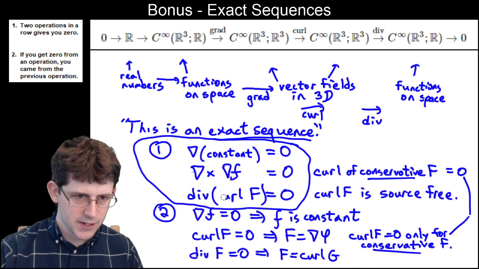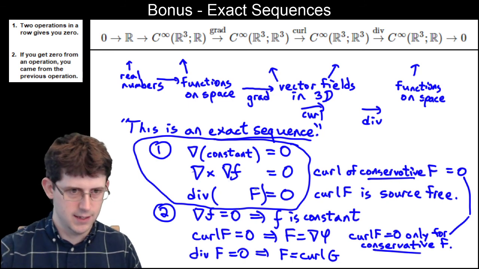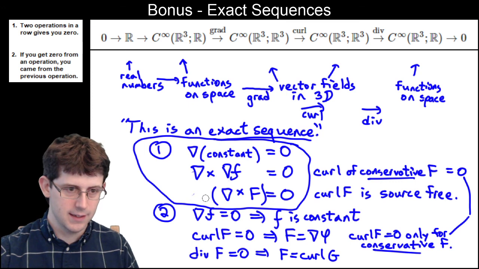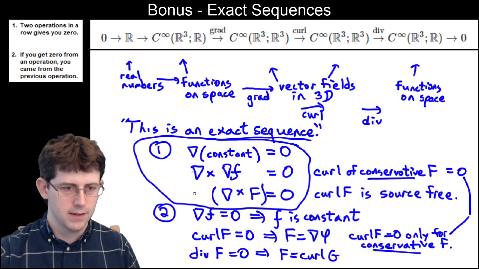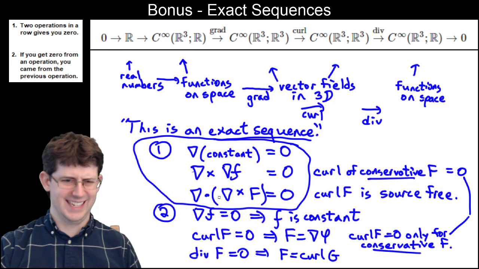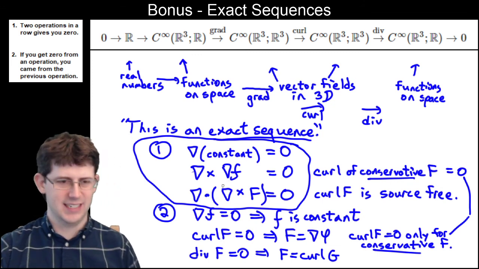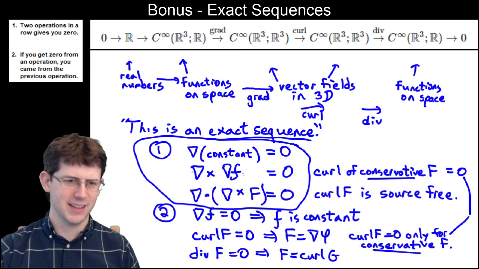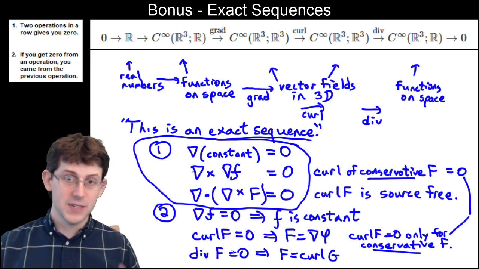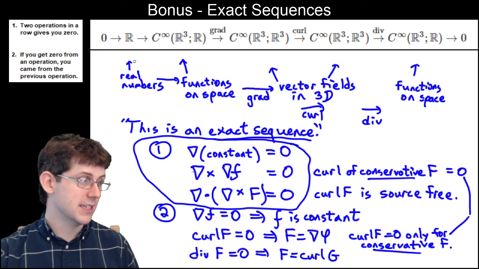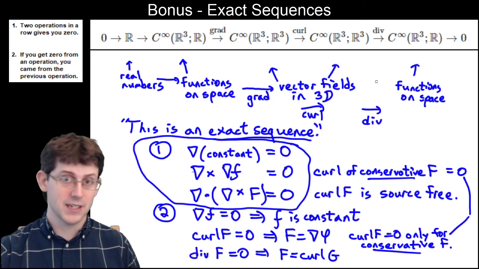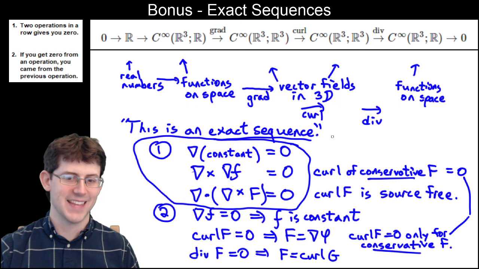And here curl is del cross, and divergence is del dot. How am I supposed to remember that del cross del f is 0 and del dot del cross? Oh my gosh. And why are these f's different sizes? If you need to remember all those things, you can just write down that if you do grad, curl, div, if you do any 2 of those in a row, you get 0. And that's this one fact.